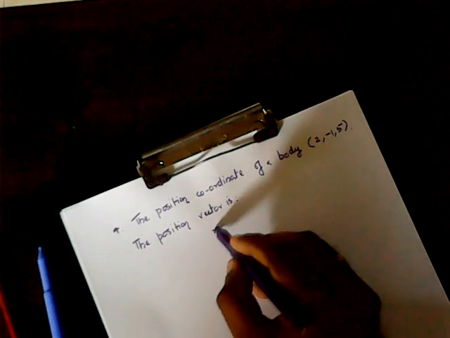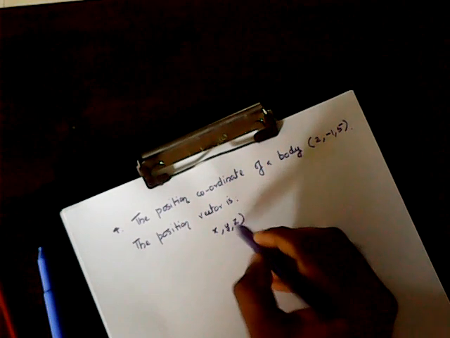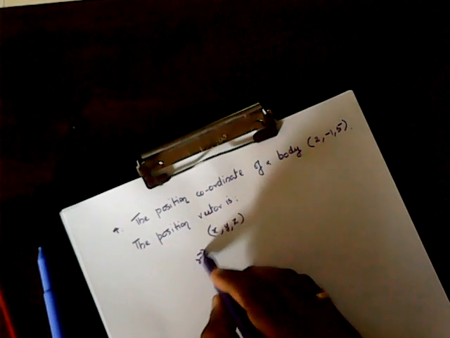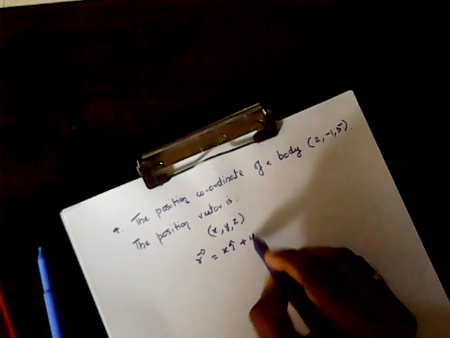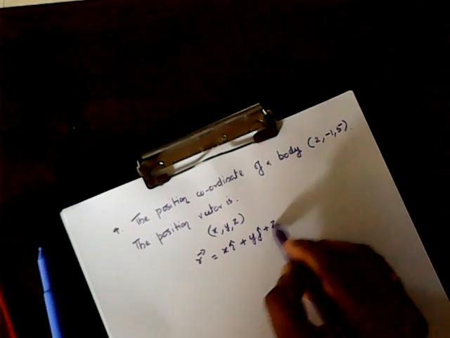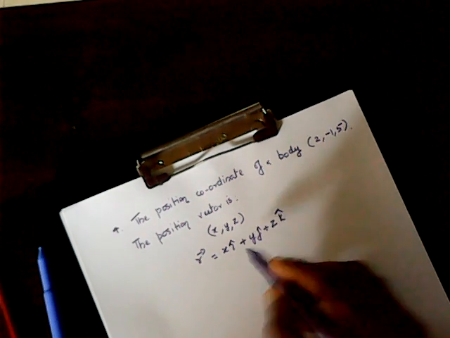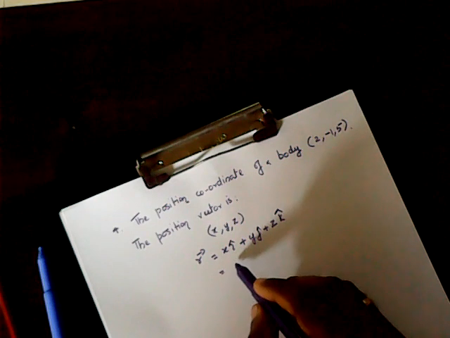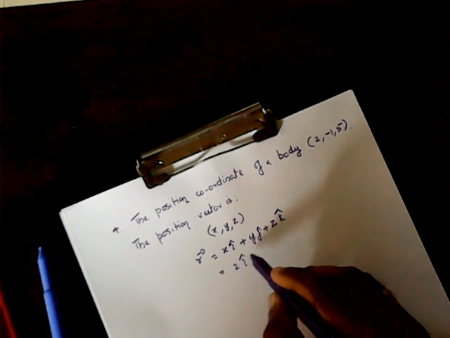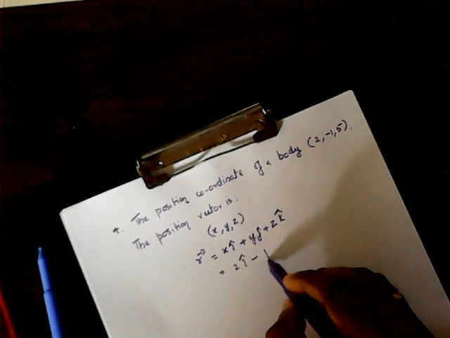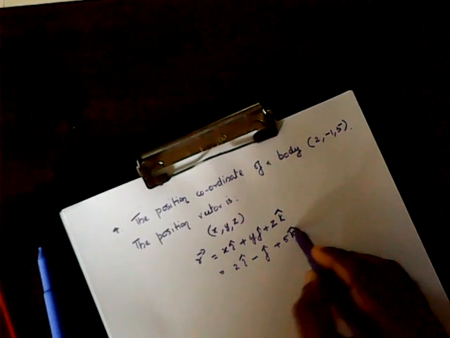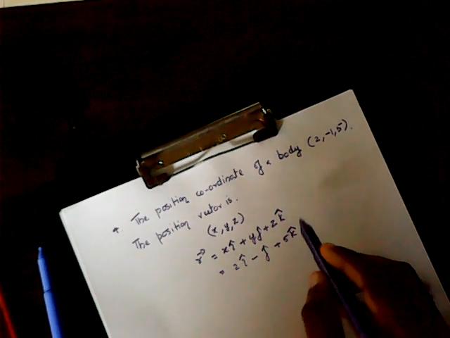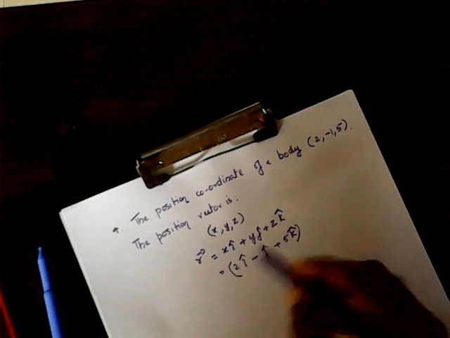We know if the coordinate is x, y, z, the position vector can be expressed with the unit vectors as xi plus yj plus zk. So here the x coordinate is 2, so 2i, y is minus 1, so minus j, and z is 5k. So the position vector is 2i minus j plus 5k.